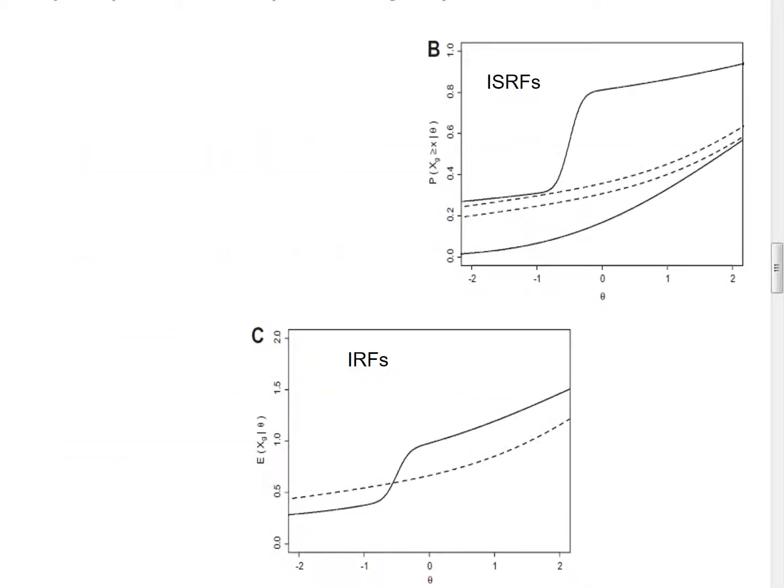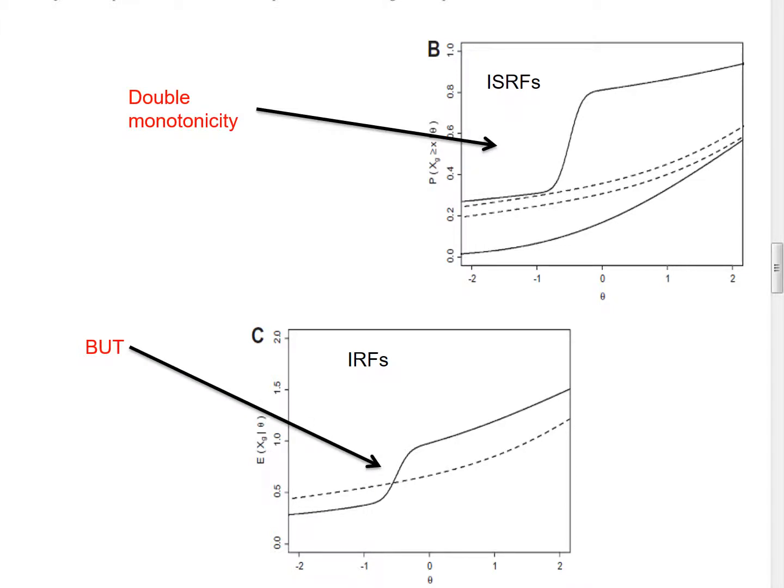So here we've got another example of item step response functions that are not intersecting at the top. They show double monotonicity, but in fact the item response functions or item characteristic curves intersect, and they don't show invariant item ordering.